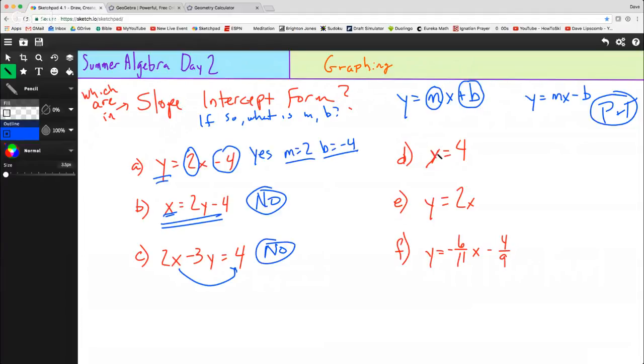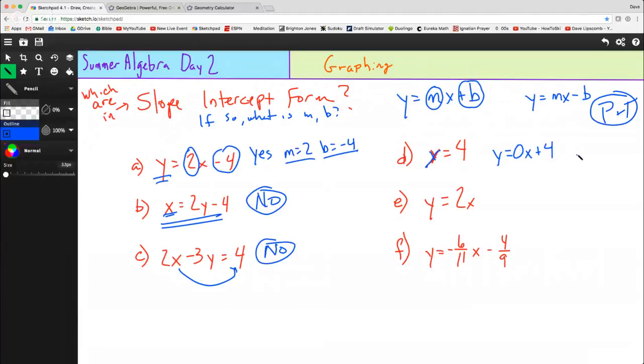Now this one here, y equals 4, is actually in y equals mx plus b form. So those of you who caught it, this is like y equals 0x plus 4. But you don't write this because it simplifies to just y equals 4.